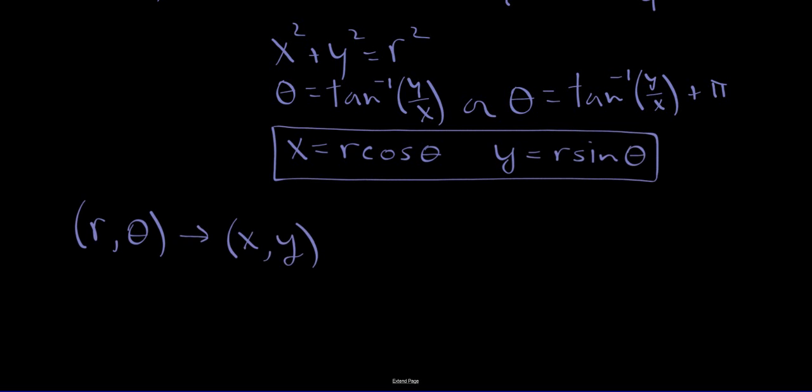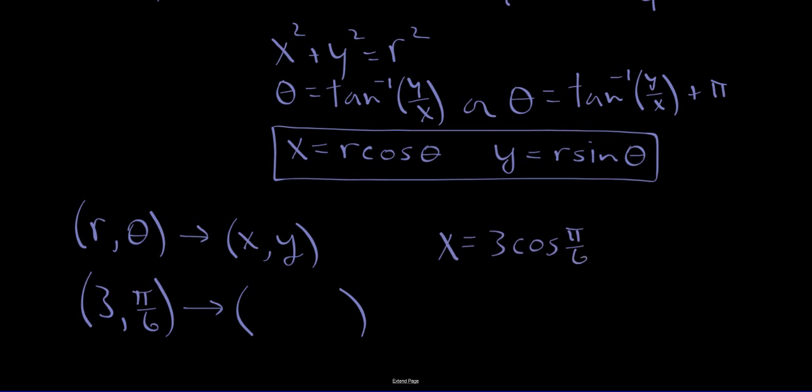So let's just suppose that we've got this situation. Let's suppose that we've got 3 comma pi over 6. And we want to figure out what that is in rectangular. So now we're going from polar to rectangular. We went the other way, now we're going back. Okay, so first of all, what we need is an x. Well, x is equal to 3 cosine pi over 6. And y is equal to 3 sine pi over 6.